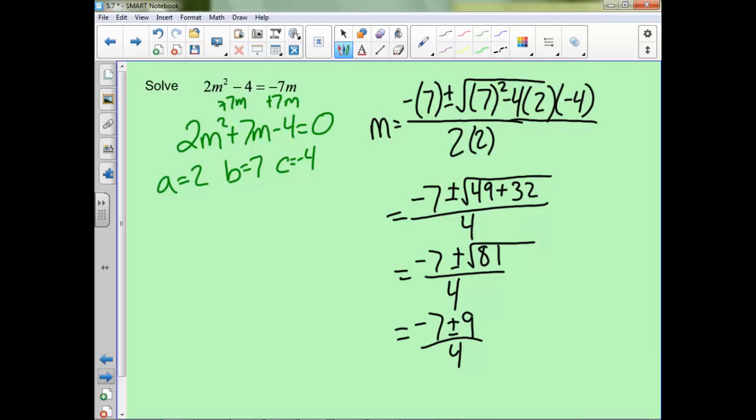Square root of 81 is 9. So that means our two answers are -7 plus 9 over 4 and -7 minus 9 over 4.